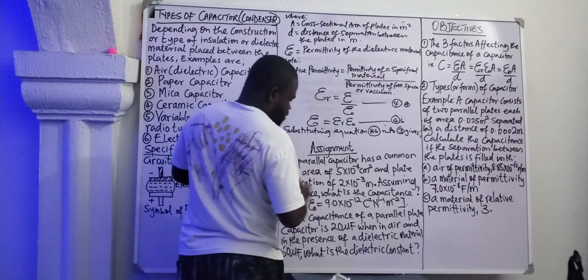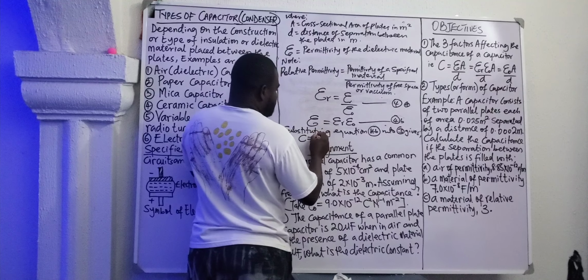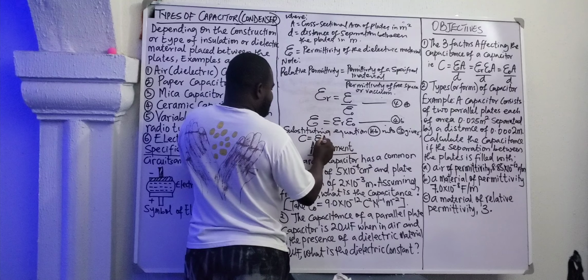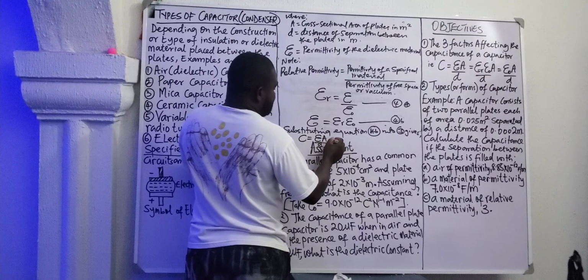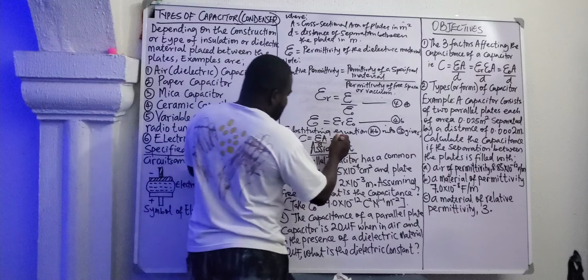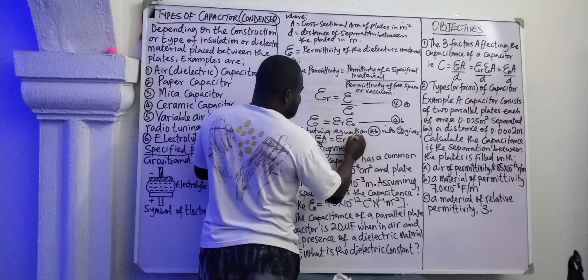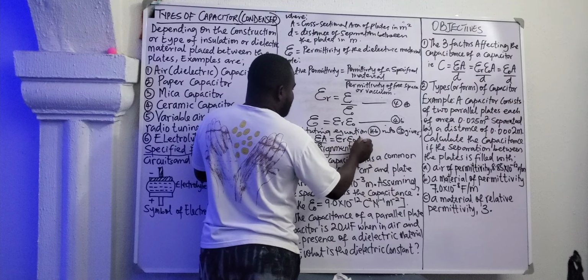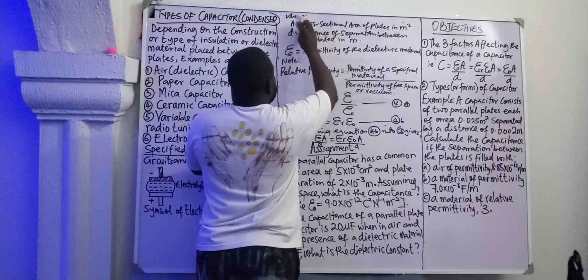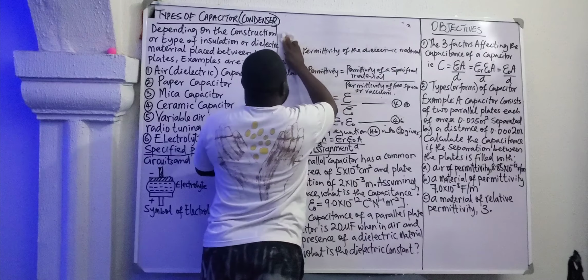What is equation 3? We say equation 3 is capacitance is equal to the permittivity of that particular material multiplied by the area divided by the distance. Let me express it here so that it will be clear for you to see.